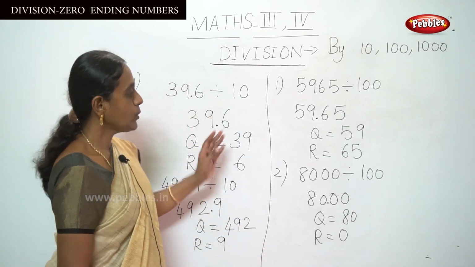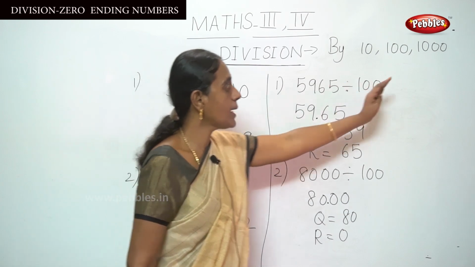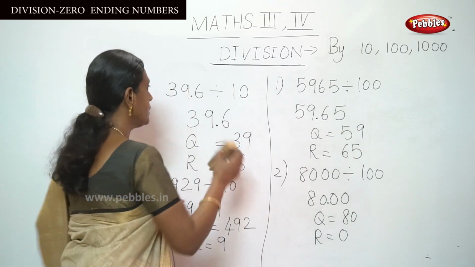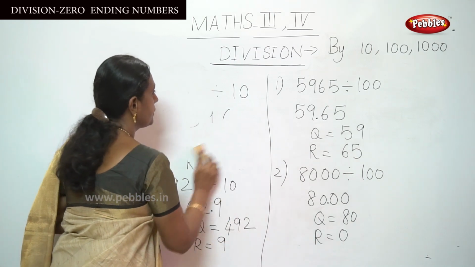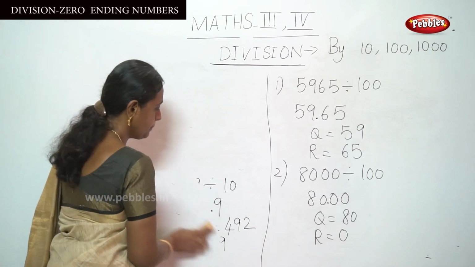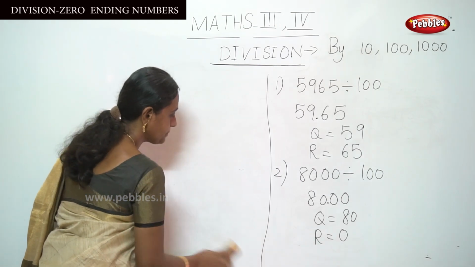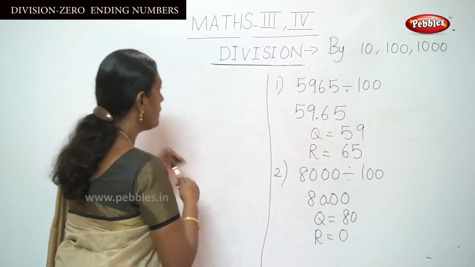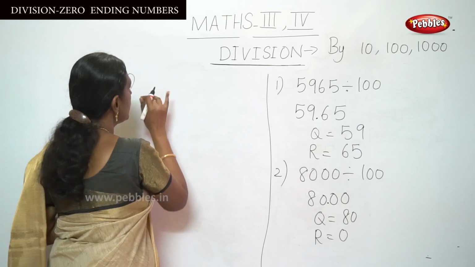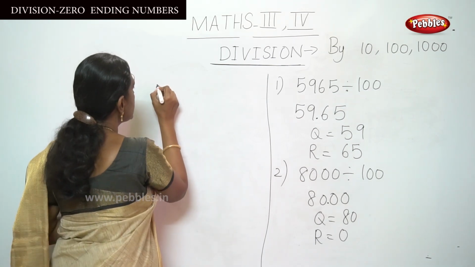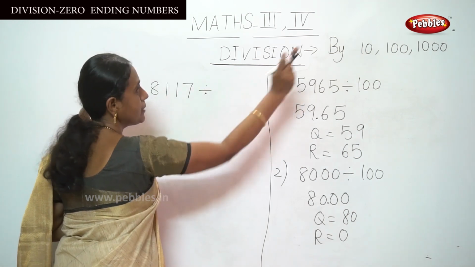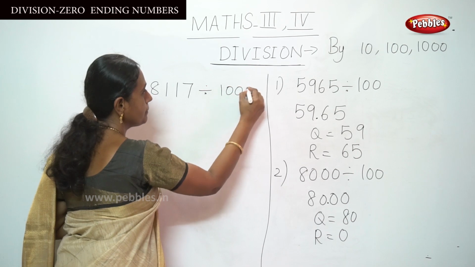Okay, and I am going to do the next sum, division by 1000. Okay, I am writing down the answer here. 8,117 divided by 1000.